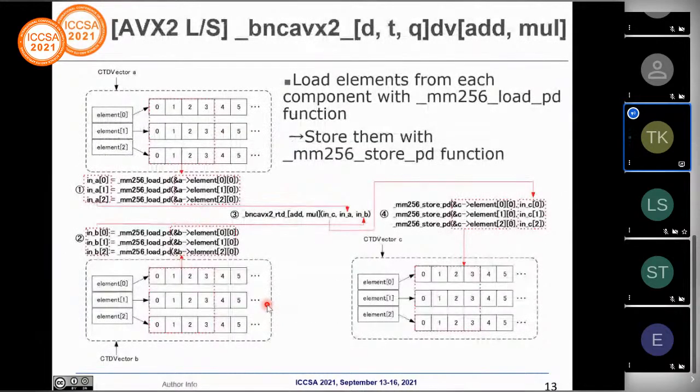And we also use a new data structure to store matrix elements.